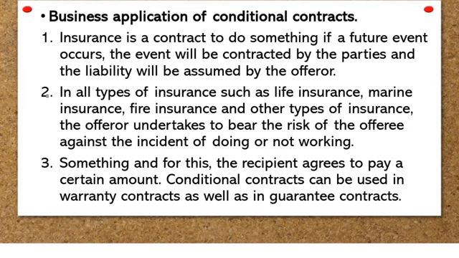The recipient agrees to pay a certain amount in the agreement made by the parties. Conditional contracts can be used in warranty contracts as well as in guarantee contracts. Like a warranty, which becomes valid under the parties, guarantee contracts must also be entered into as valid contracts.